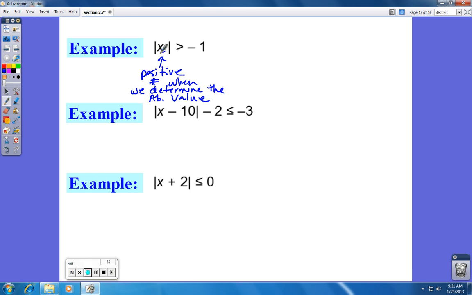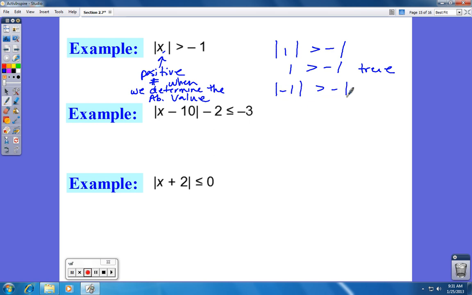Think about positive 1. The absolute value of 1 is 1. Okay? So the absolute value of 1 greater than negative 1, that gives us 1 greater than negative 1. Well, is 1 greater than a negative 1? This is true. Okay? Well, let's substitute in negative 1 because we know that a negative 1 will also give us a value here.